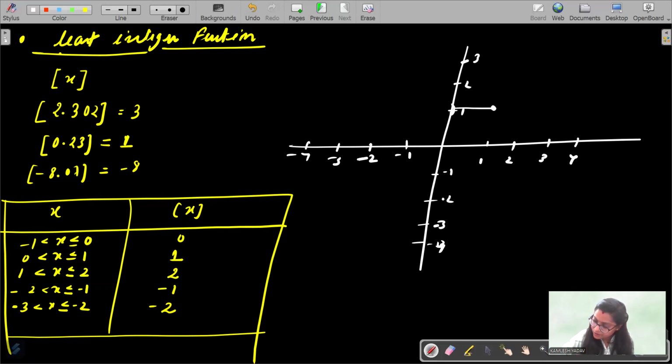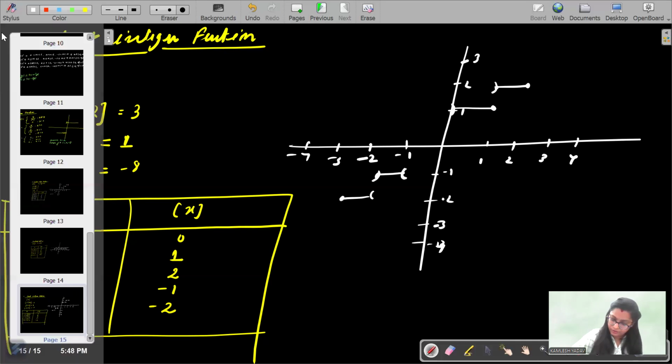Just opposite way. Okay. This is mentioned. Okay. So this is the graph of least integer function.